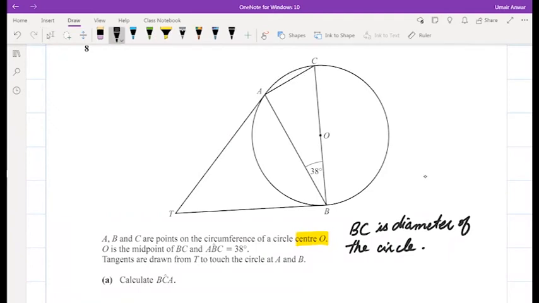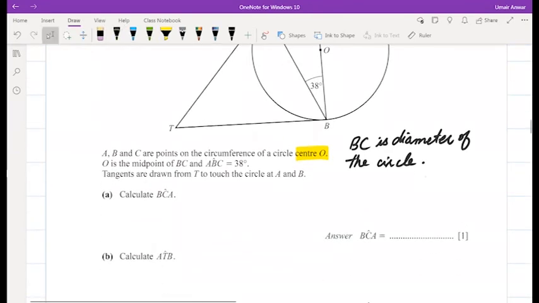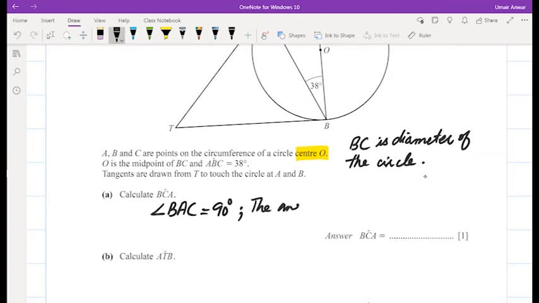Since the tangent of the circle always makes a right angle at the circumference of the circle, this angle BAC is going to be 90 degrees, and I am going to write here that the angle BAC is 90 degrees because it is the angle made by the diameter on the circumference of the circle.